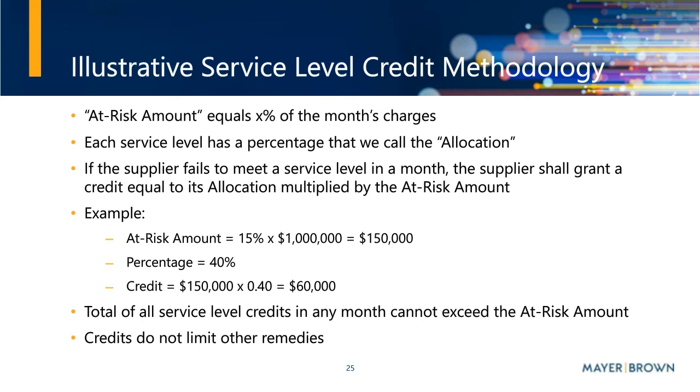So for example, with an at-risk amount of 15% and monthly charges of $1 million, we have an at-risk amount of $150,000 per month. If the allocation percentage is equal to 40%, then the credit is equal to $150,000 times 40%, or $60,000.